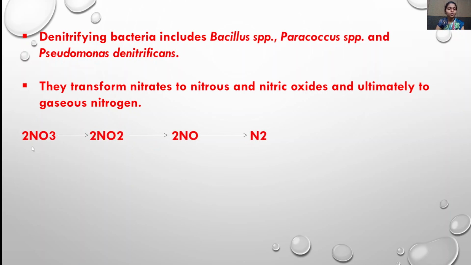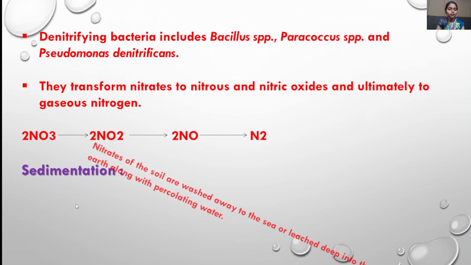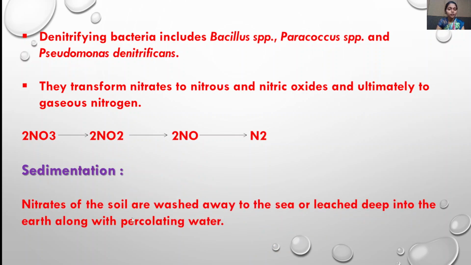The reaction is 2NO3 converted into 2NO2, converted into 2NO and converted into N2. Next, the last point is leaching. The nitrates of the soil are washed away to the sea or leached deep into the earth along with percolating water.